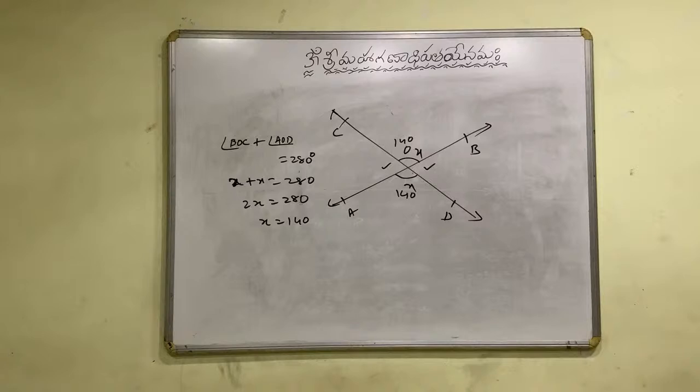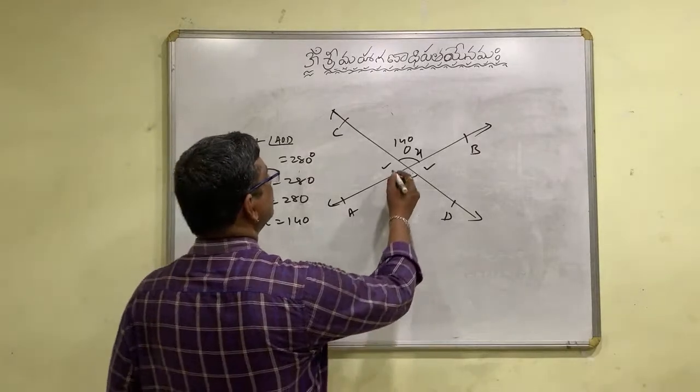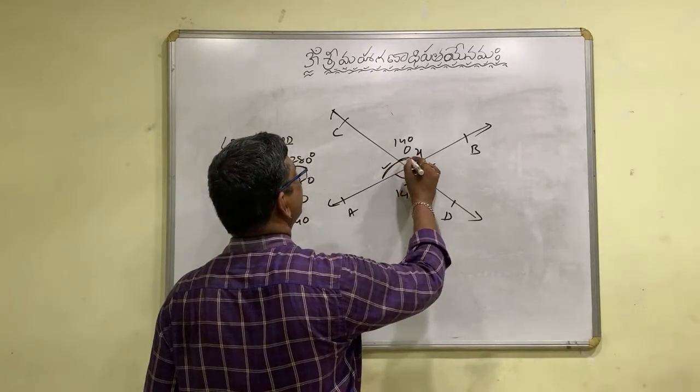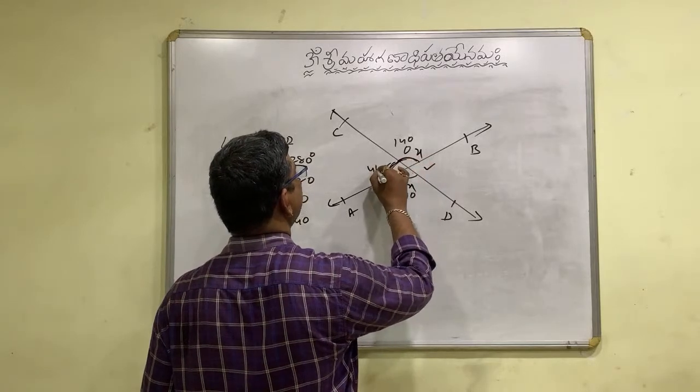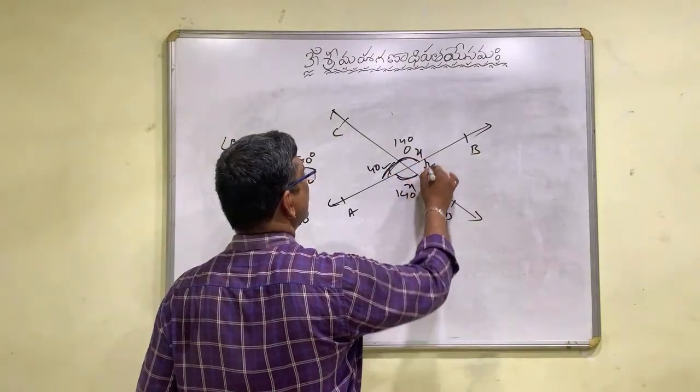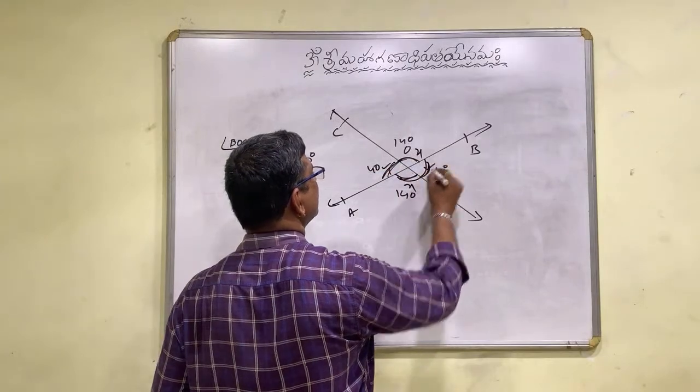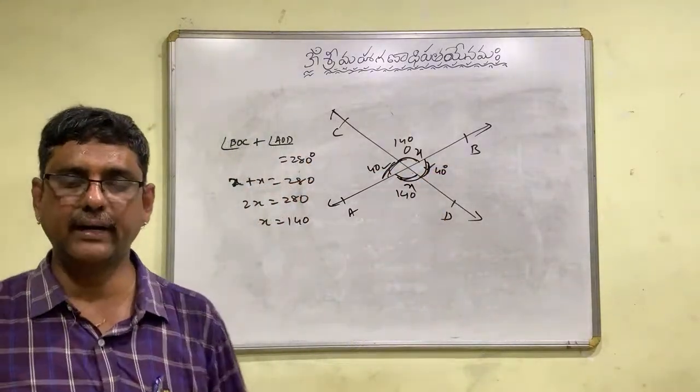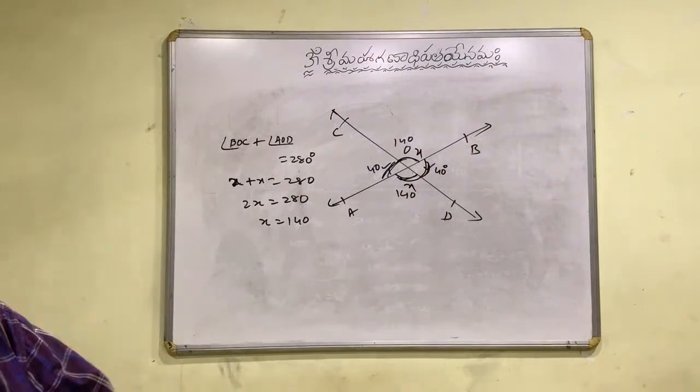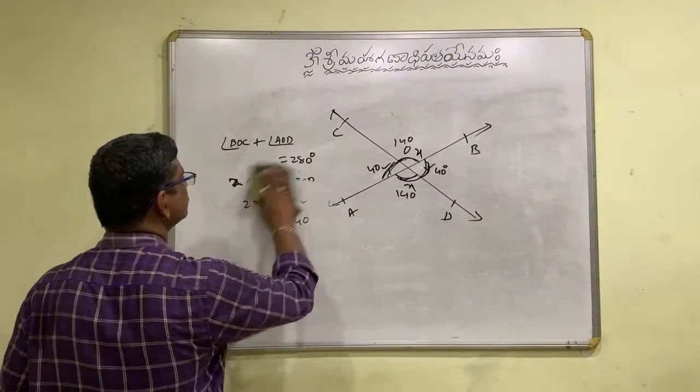Everyone is saying 50? Yes, Sahasra says 40. Which is right, 50 or 40? 40. Correct. These two are a linear pair of angles, this one and this one. So this is 40, and these two are a linear pair, 40. So 40 and 40. Understand, children?